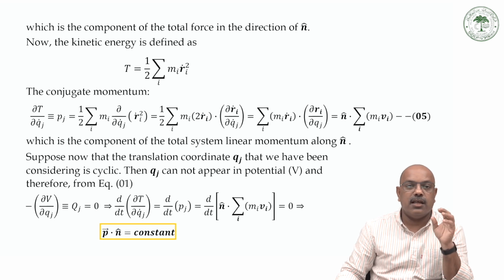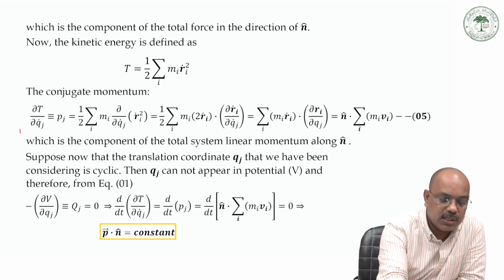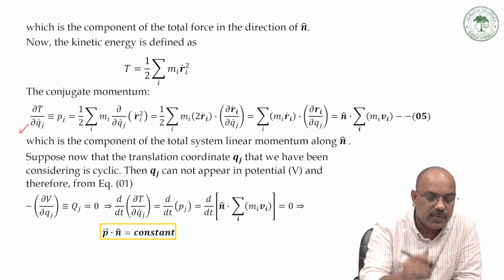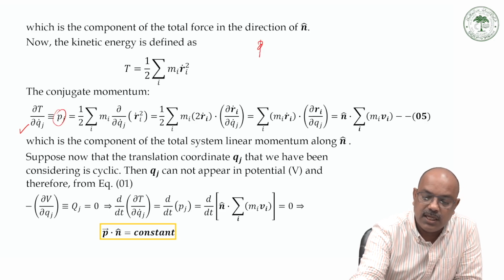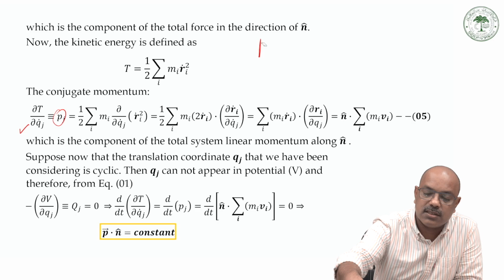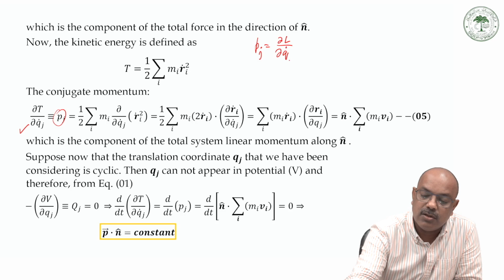Now you define the kinetic energy as half m_i r dot squared. So the conjugate momentum is delta T upon delta q_j dot. When you define the conjugate momentum, p_j is basically delta L by delta q dot j.